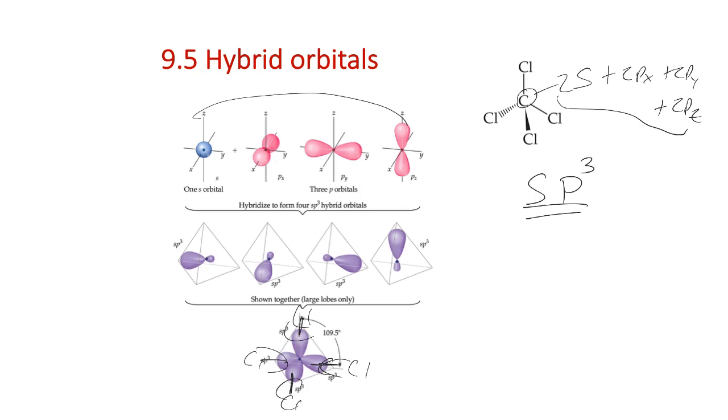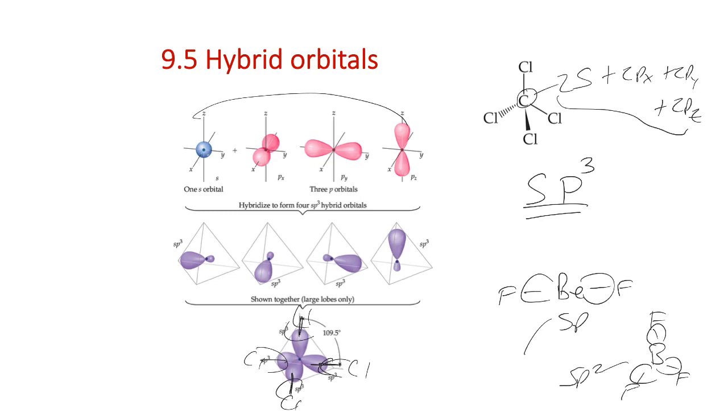So now if you look back at something like beryllium difluoride with the sp hybrid set and BF3 with the sp2 hybrid set, you have leftover p orbitals. On beryllium, you have one leftover p orbital and then a second leftover p orbital that are not being used. So these are unused p orbitals.